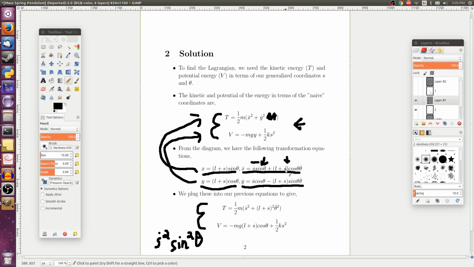And then you'll have (L plus s) squared cosine squared theta.